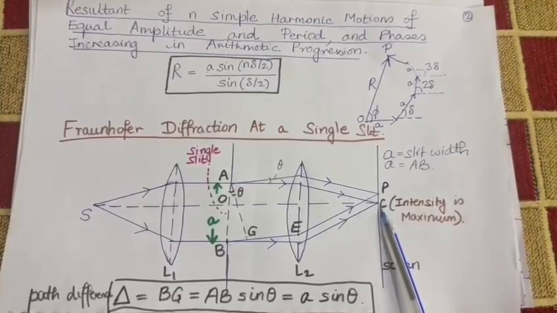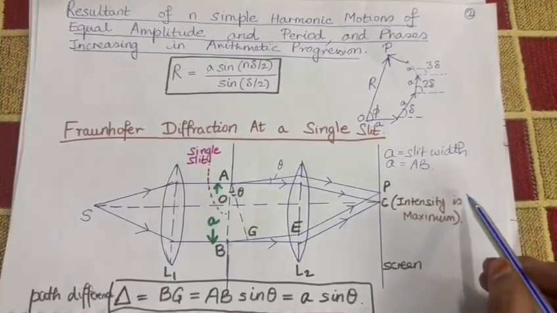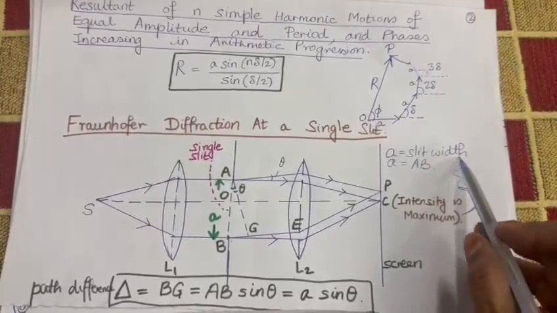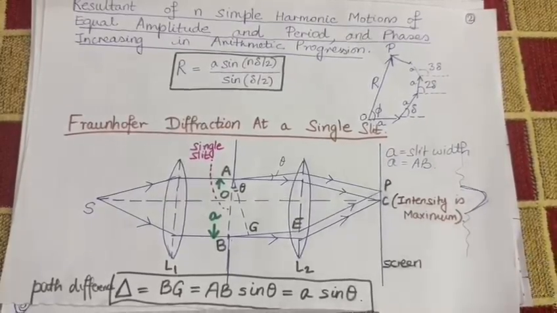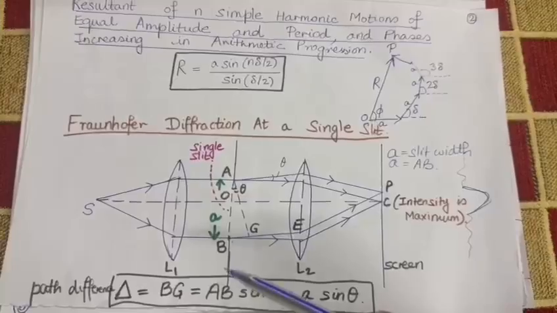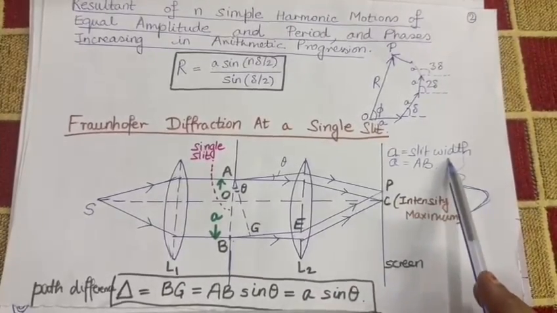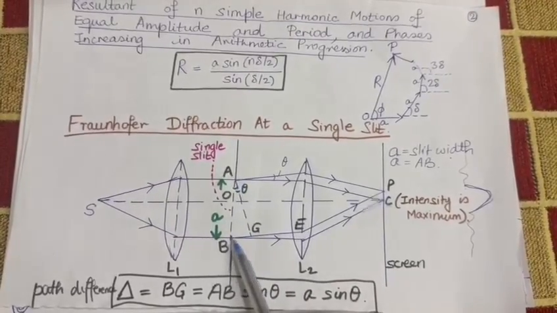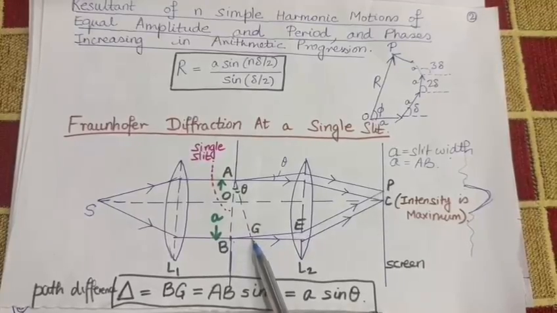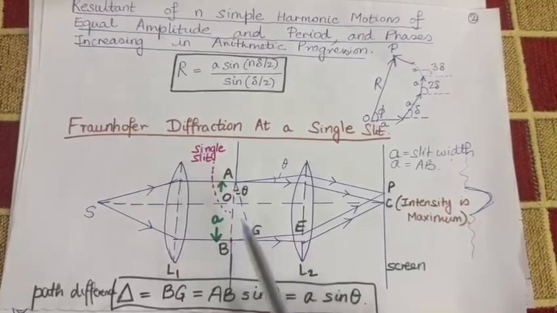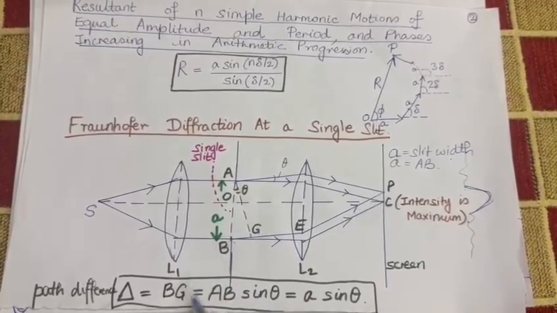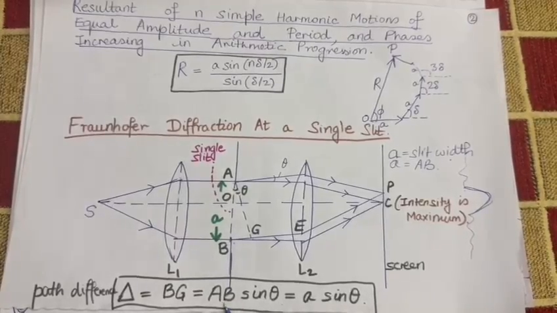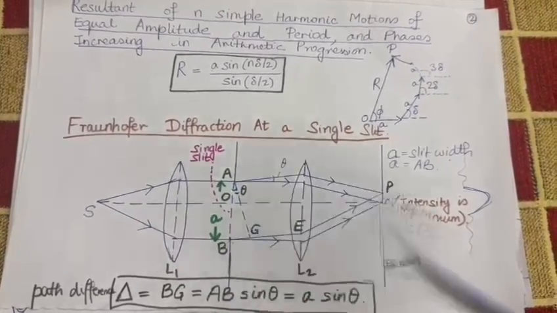Now at the center C, we will have maximum intensity, followed by secondary maxima and minima for the diffraction pattern. The slit width AB is equal to a, and if we drop a perpendicular from A on BE as AG, this angle will be theta, and then BG will be given by AB sin theta, where AB is the slit width a.